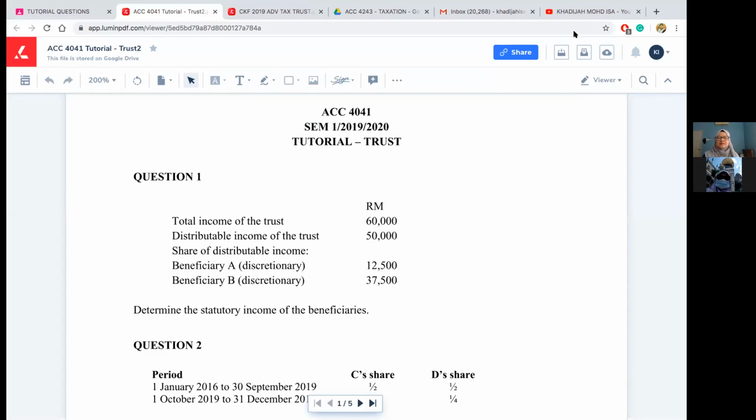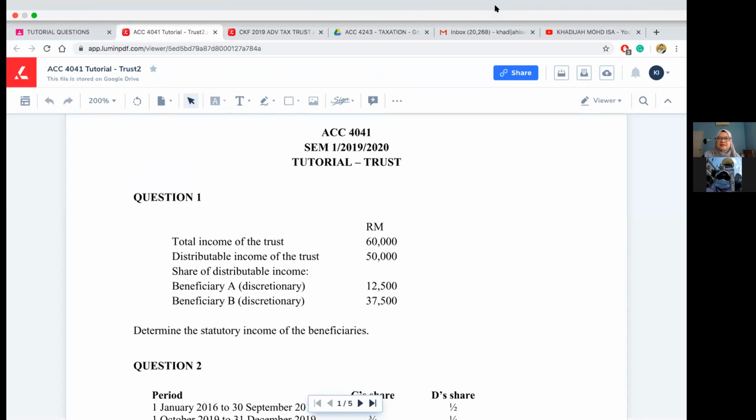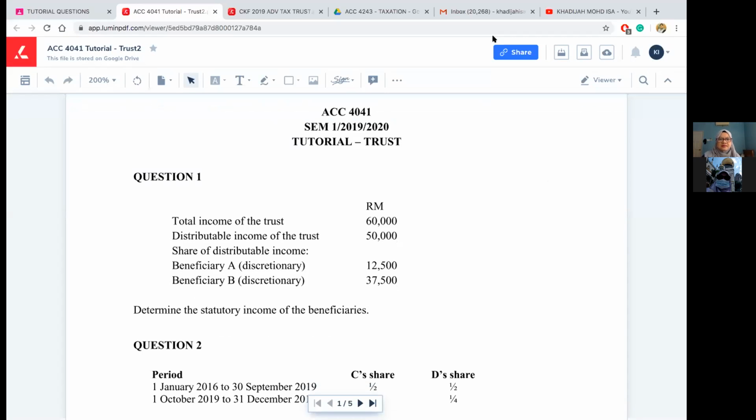Tak ada lah. Macam nak buat ni? Ada tu kat chat. Tengok chat. Ada doktor buat. Oh, dia tak cakap. Okay, boleh lah. 4 orang wakil. Okay lah. I will continue that.